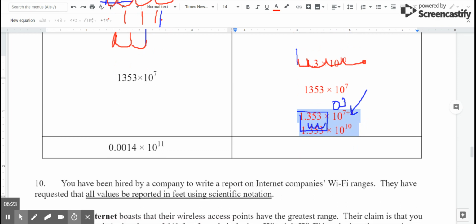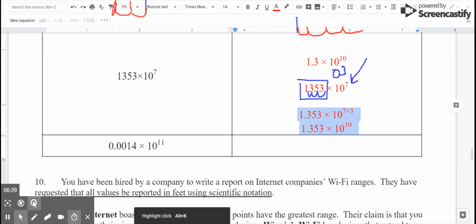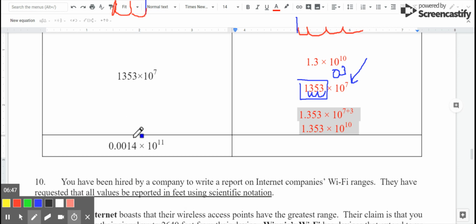Let's use this second strategy to describe our last problem here. So we're going to use the same idea of just making one smaller by a certain factor of 10 or power of 10 and making the other bigger by the matching power of 10. So 0.0014 times 10 to the 11th, in order to put that in scientific notation, I would want the decimal to be between the 1 and the 4.